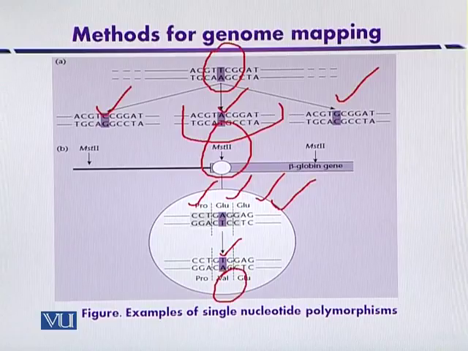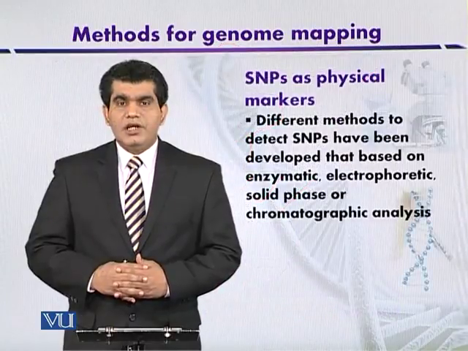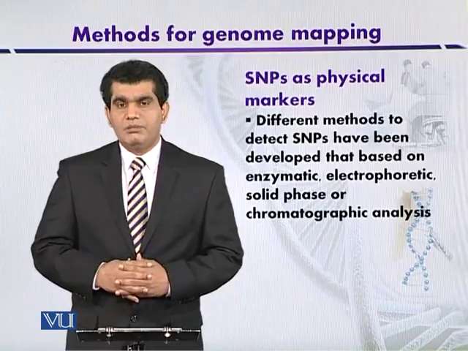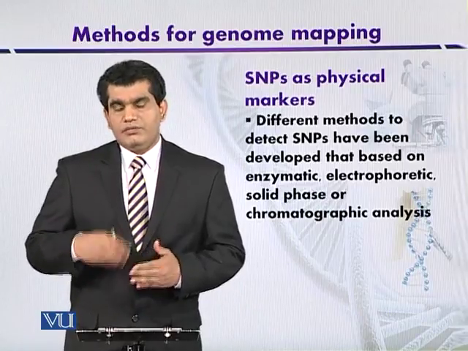So you can say that the beta globin protein is now changed in sequence, which can result in sickle cell anemia.